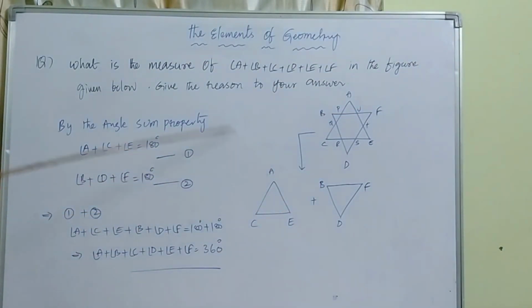So by the angle sum property, in the first triangle, angle A plus angle C plus angle E is equal to 180 degrees. Next one, angle B plus angle D plus angle F is equal to 180 degrees.